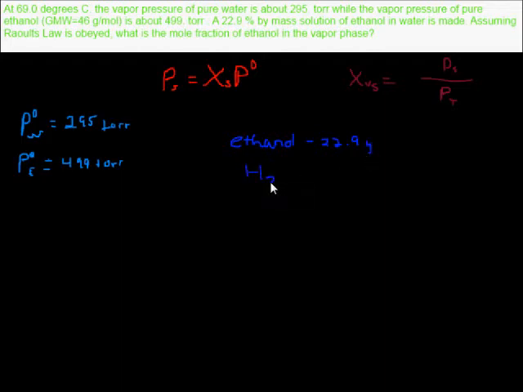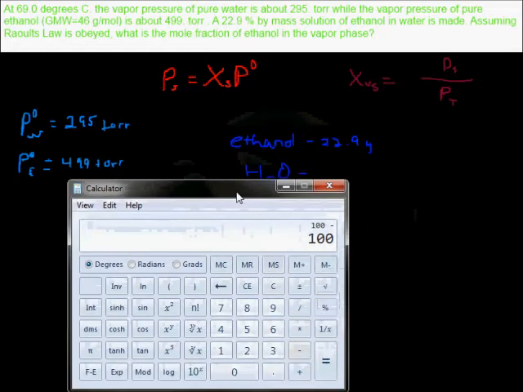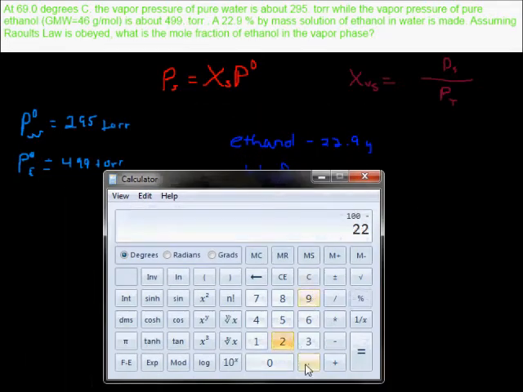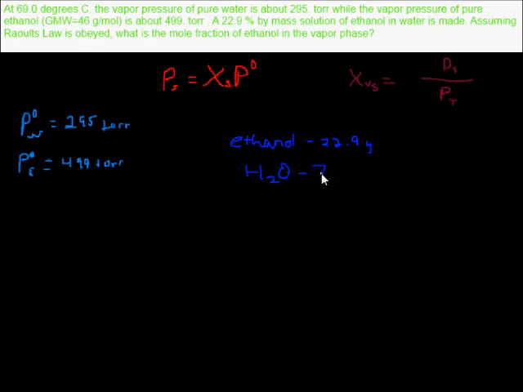Well, water, which I'll just do as H2O, is 100 minus that. So 100 minus 22.9, so 77.11 grams. So we have the mass.